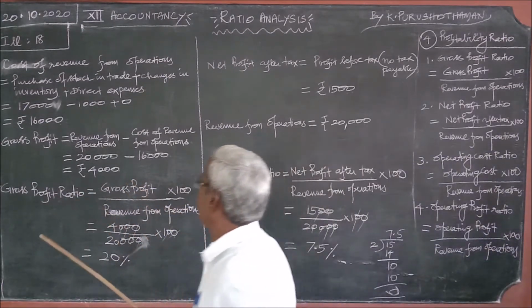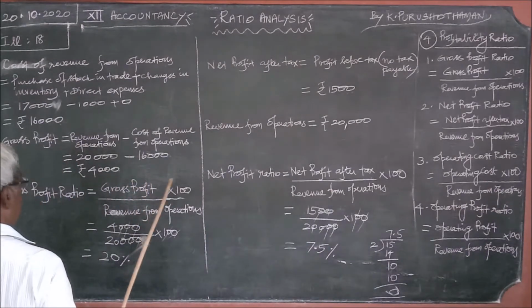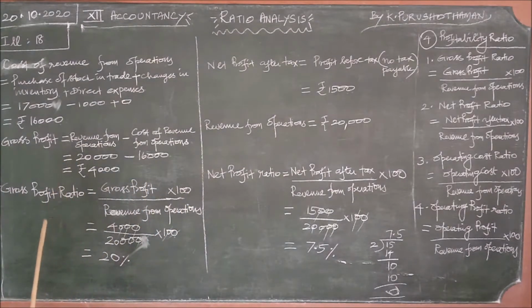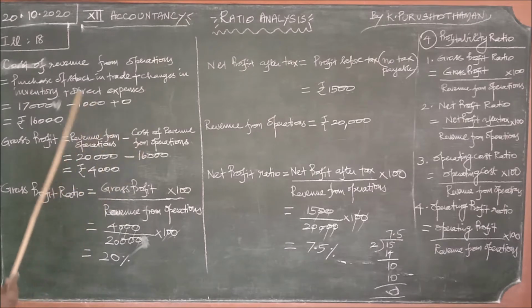And in illustration 18, first, what is the gross profit ratio? Gross profit by revenue from operations into 100. The revenue from operations is given as 20,000 straight away, but the gross profit is not given. To find the gross profit, from the revenue we should minus the cost. What is the cost? That is purchase of stock in trade, changes in inventories, and if there is any direct expenses, plus.